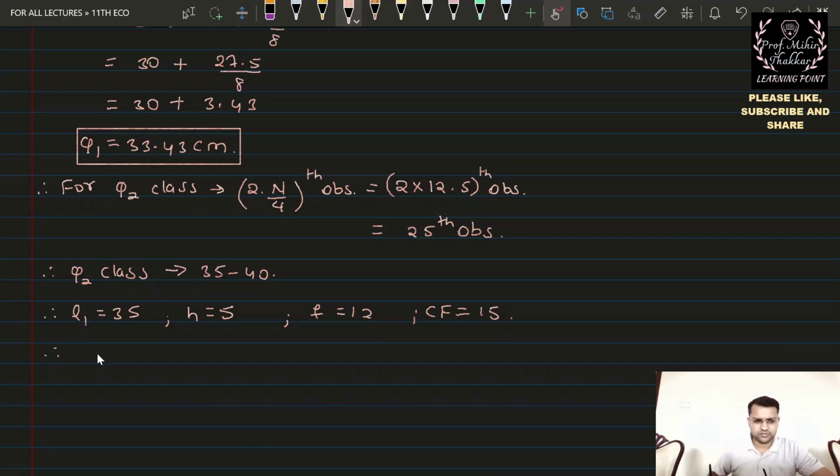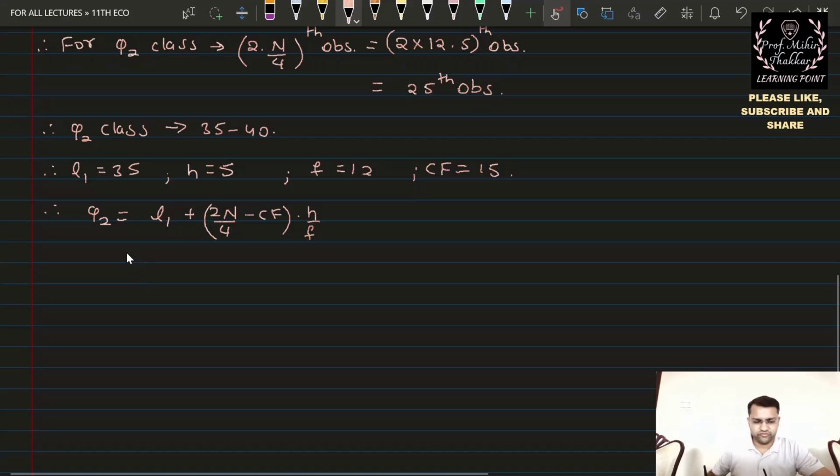Now my formula: Q2 is equal to L1 plus (2n upon 4 value minus CF) multiplied by H by F. So here, substitute all the information in their respective places.